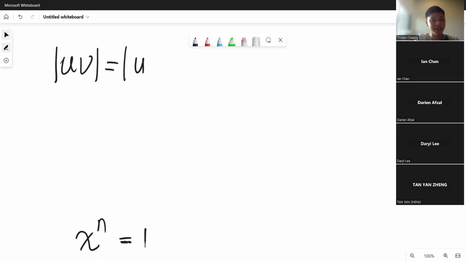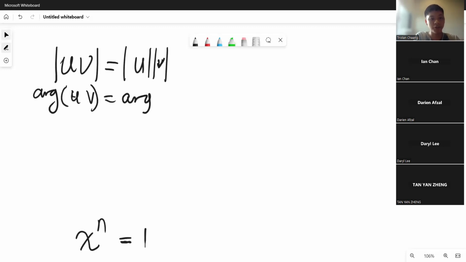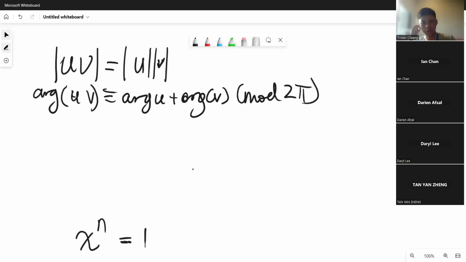So you can write it like that. And the arguments add, right? The argument of uv is the argument of u plus the argument of v. In fact, I should be more precise. I should say this is mod 2 pi. So once I go around 2 pi, I just say it's the same number.